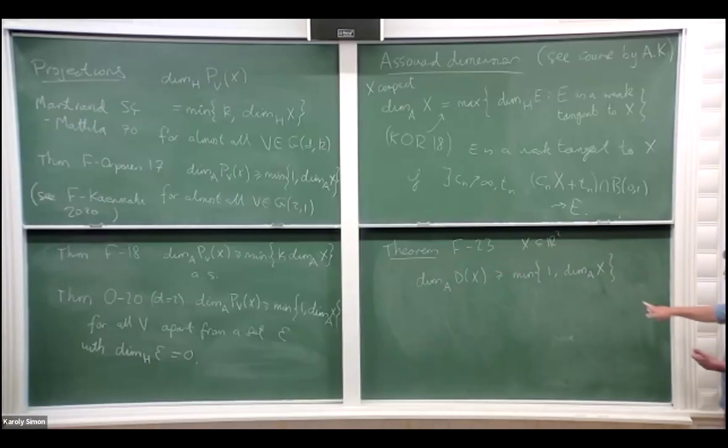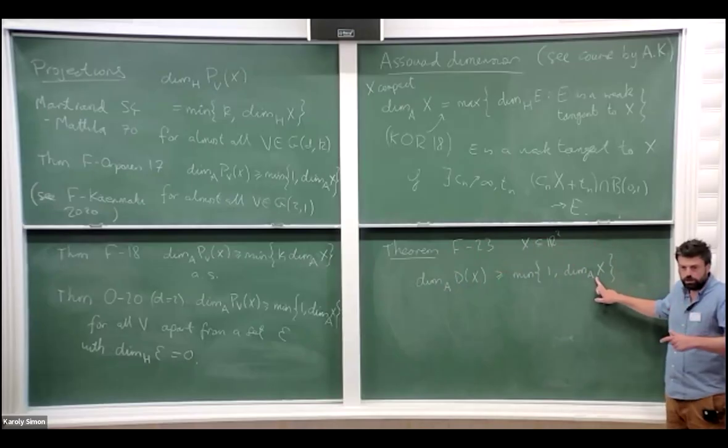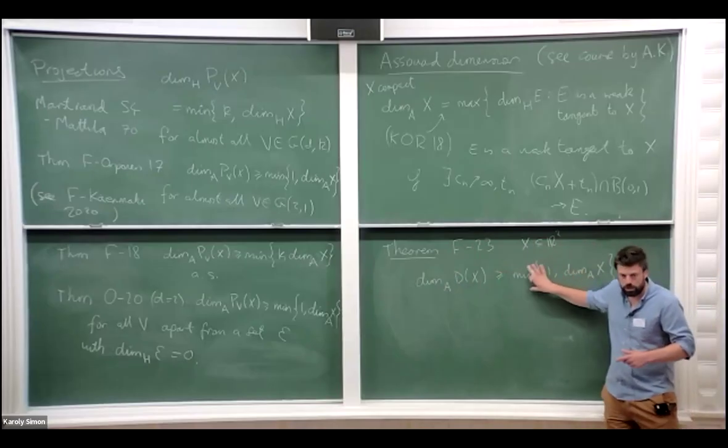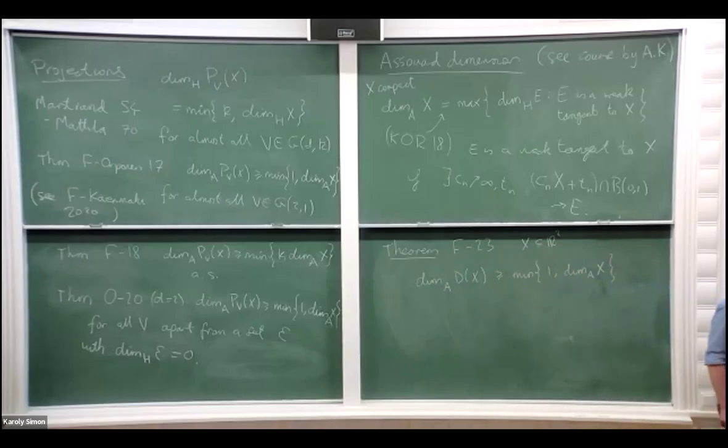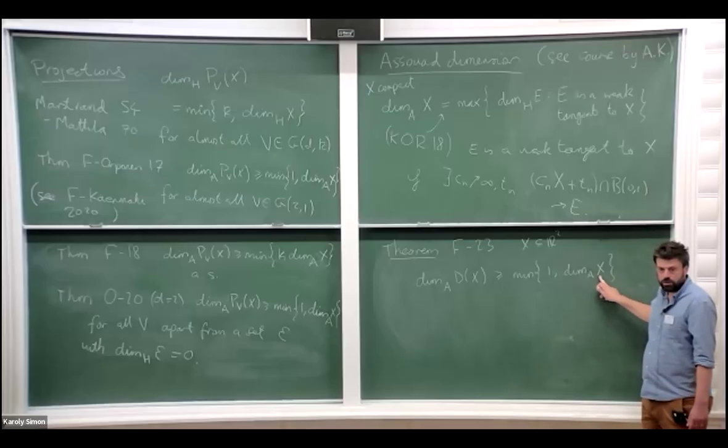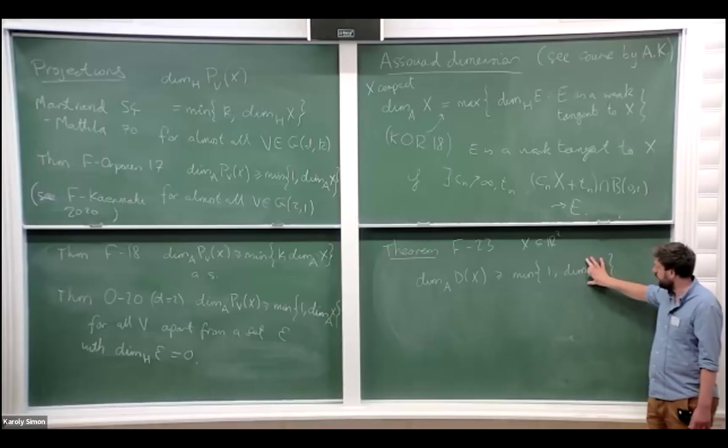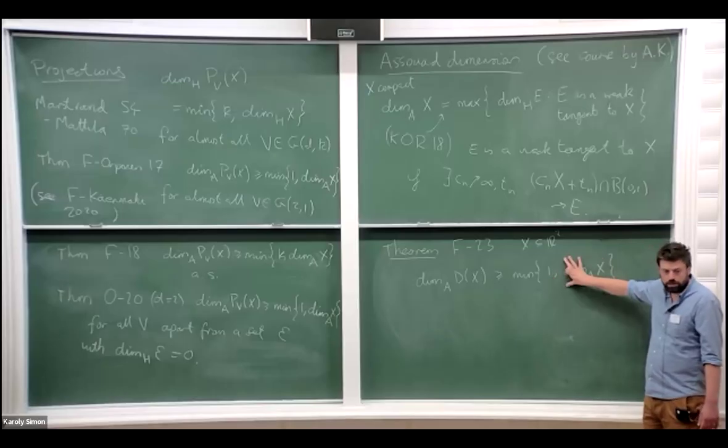So if the Assouad dimension of X is bigger than 2 divided by 2, which is 1, then this minimum is 1, and the distance set has full Assouad dimension. And this is also sharp, so you can't do any better than this, even for subcritical X. If the Assouad dimension of X is less than 1, then this bound is the best you can do.